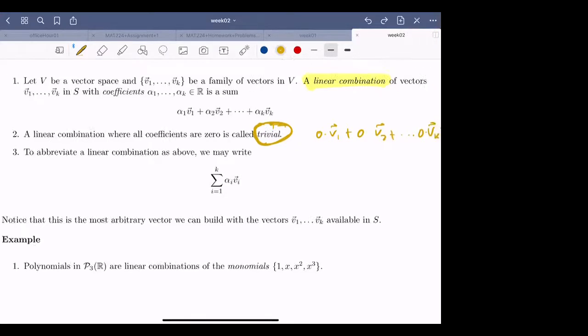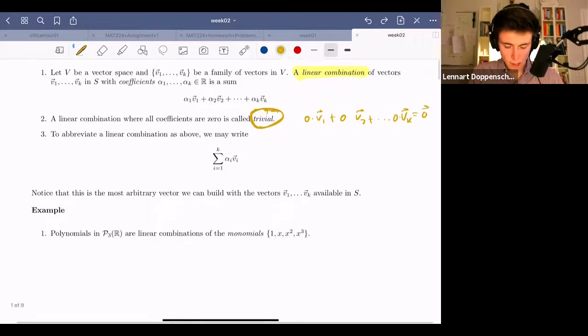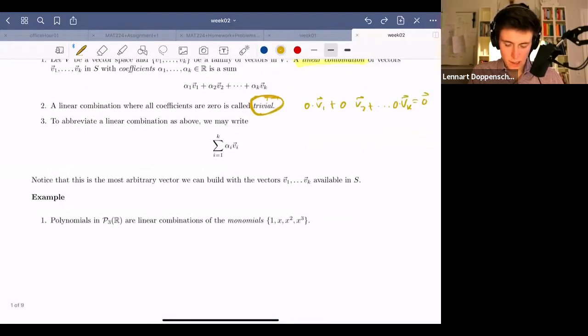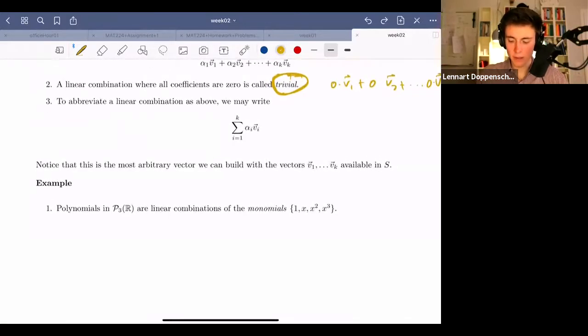Okay, no problem. Just notice quickly that this way of producing linear combinations encompasses every operation that we know in a vector space. So this is the most arbitrary, the most general way to combine these vectors. And to give you an example, if we have monomials, they're also polynomials. It just means that they have only one power of x.